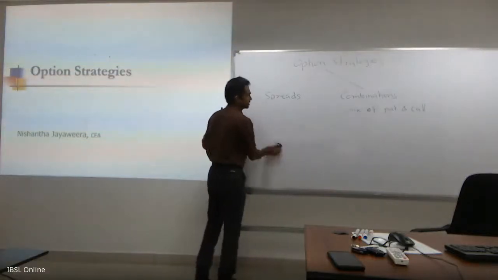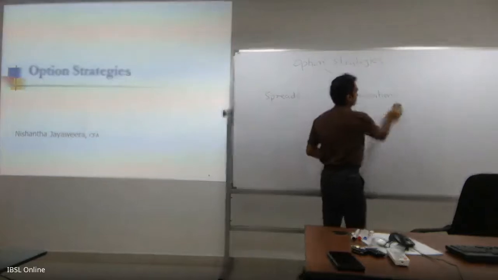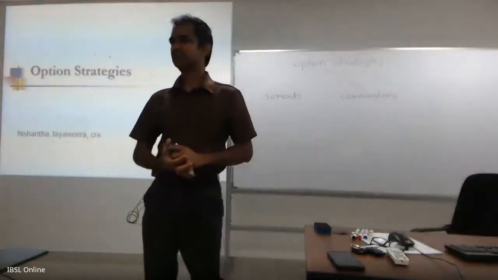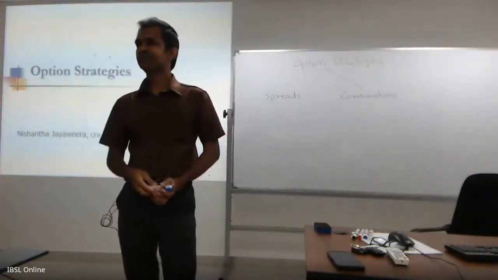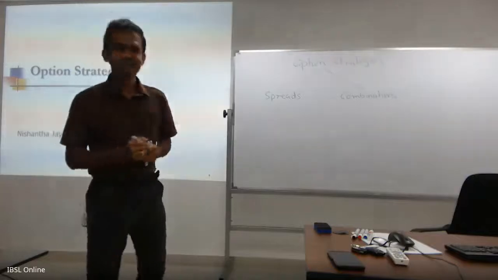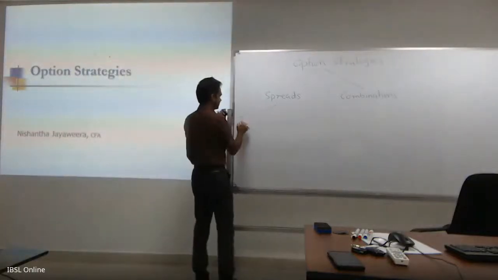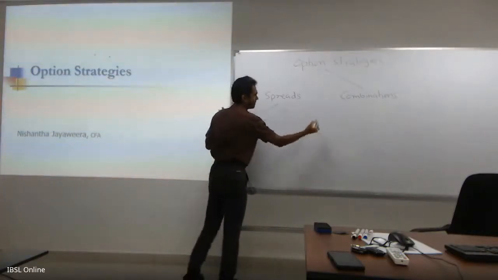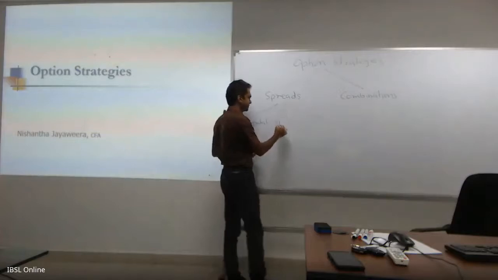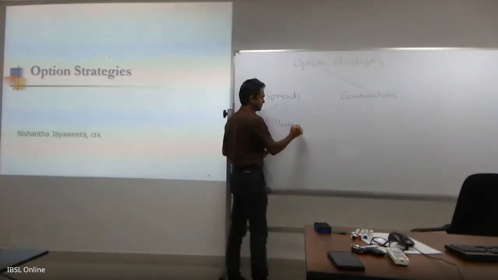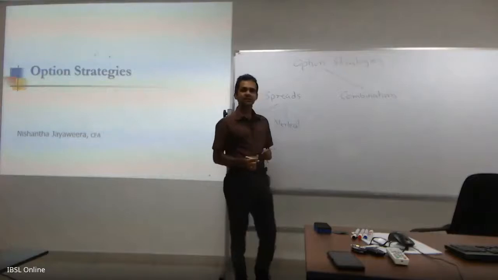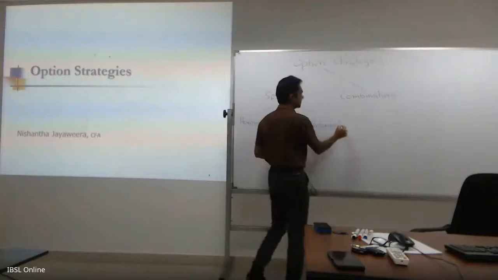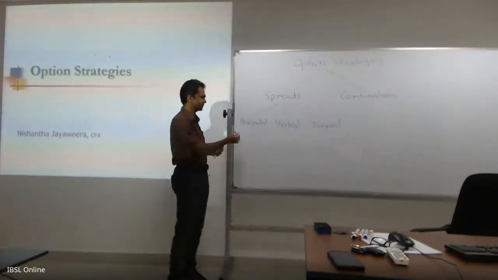So then, spreads again. We divide these spreads into how many categories? Three. What are those? Horizontal, vertical, and diagonal.